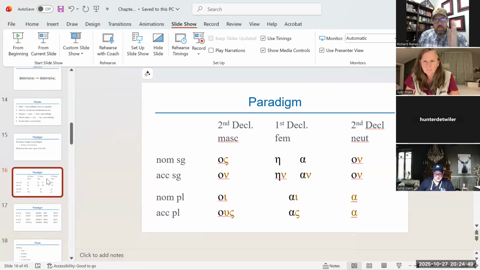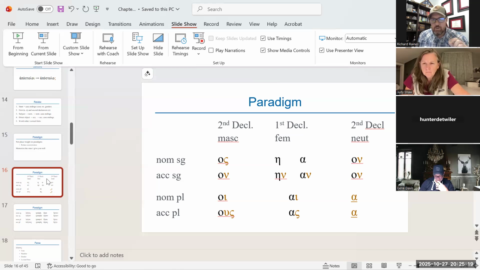So look at where it says second declension masculine and don't go across the page, go down. And what you have there is everything you need to know to translate a noun as either the subject of the sentence or the direct object of the sentence. So you might see apostolos, apostolon, apostoloi, or apostolus.